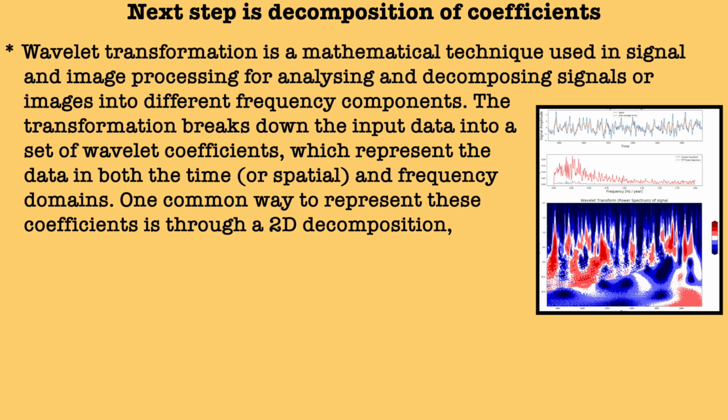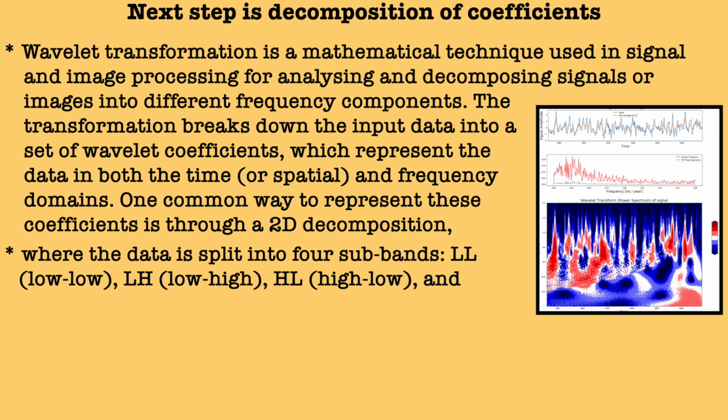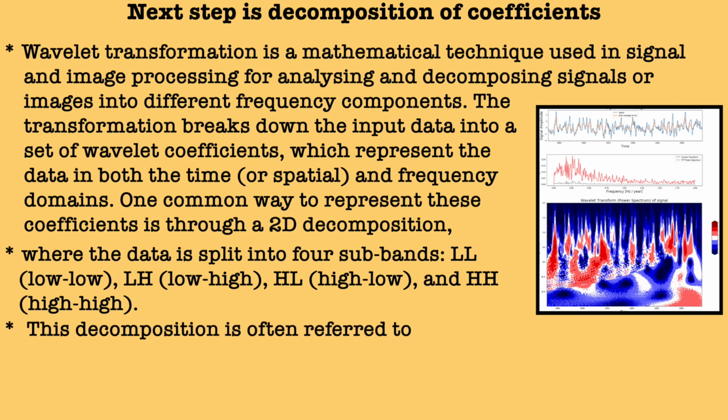One way to represent the coefficients is through 2D decomposition, where the data is split into four subbands. They are LL, meaning low-low, LH, meaning low-high, HL, meaning high-low, and HH, meaning high-high. This decomposition is often referred to as coefficient 2 in our code.